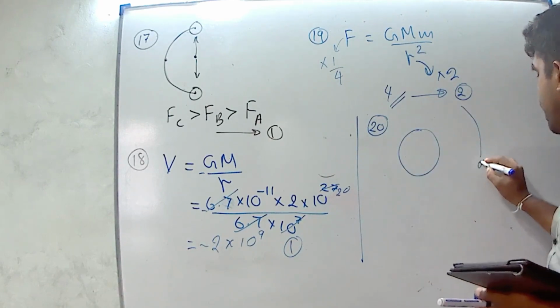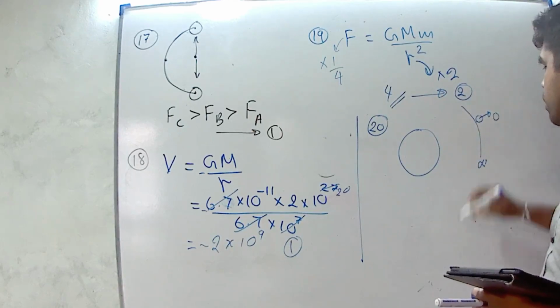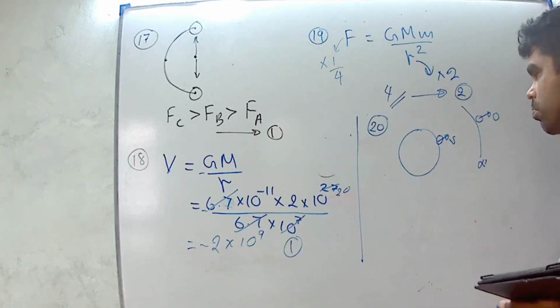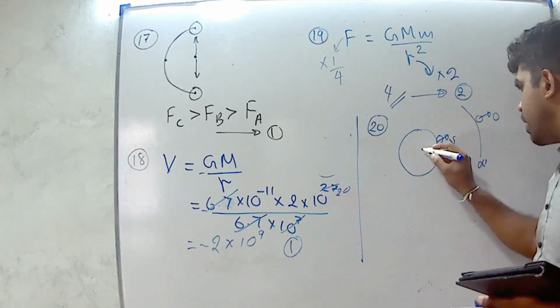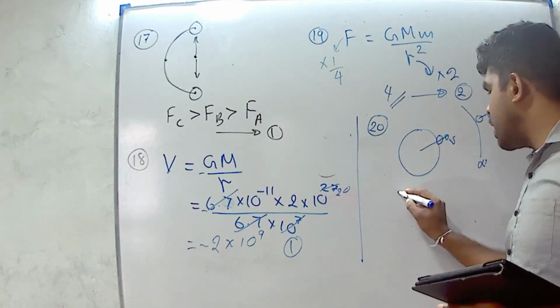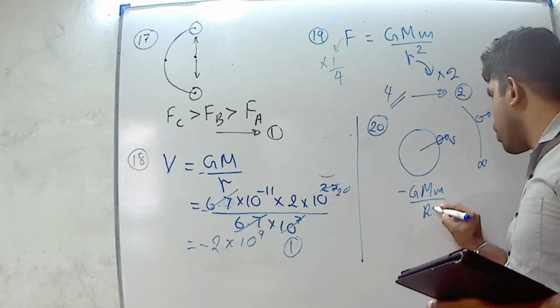At infinity, the velocity should be 0. We have to get the velocity required to move from the surface to infinity. Then we can use conservation of energy. At this point there is a potential energy of minus GMm over r.